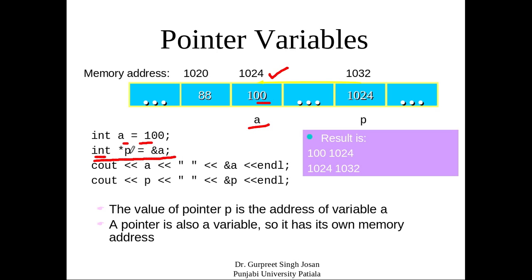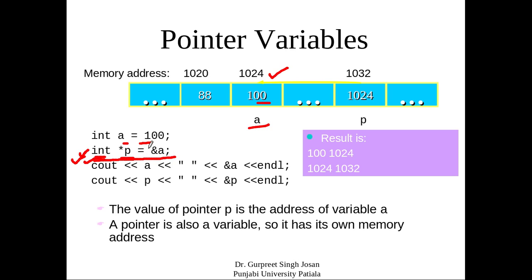Star p tells the compiler that this is a pointer variable. P is the name of the pointer, and integer is the data type. The data type tells the system that p can contain only the address of an integer variable. It cannot contain the address of a character or float or any other variable. So the data type decides what kind of address p can contain.